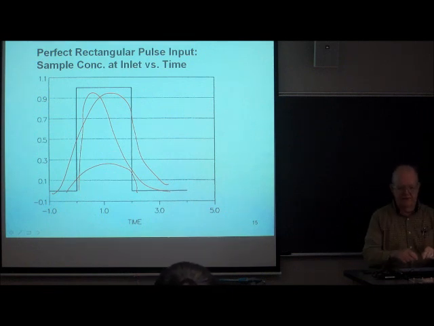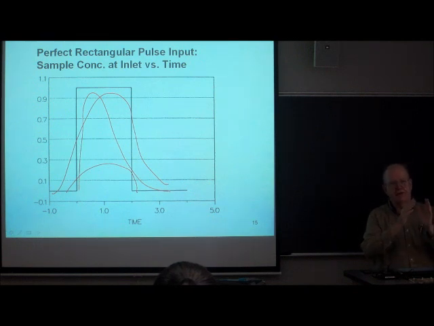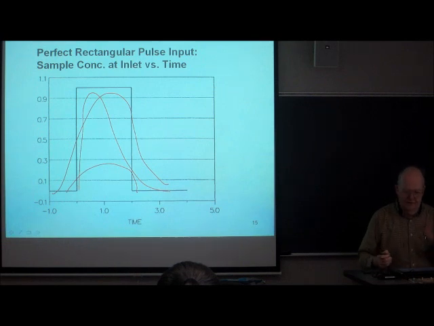Now, what happens then is that this input is loaded into a column, and the column operates on that pulse. If you want to think of it in the following way, it's a good idea to do it.